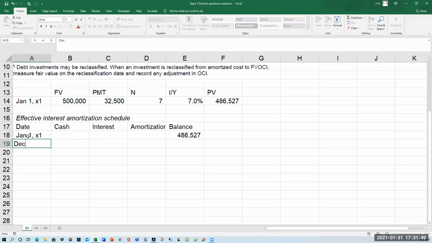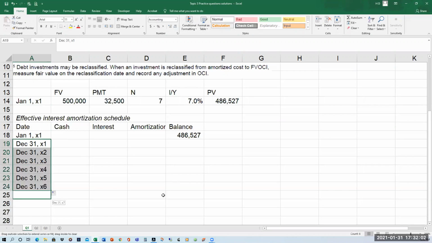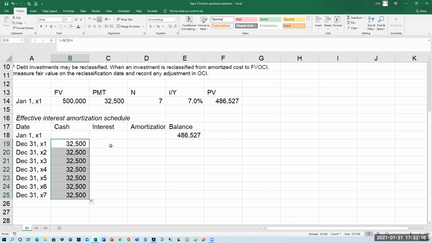Every December 31st, until December 31st, year 7, the company will receive $32,500 in interest, the coupon interest.